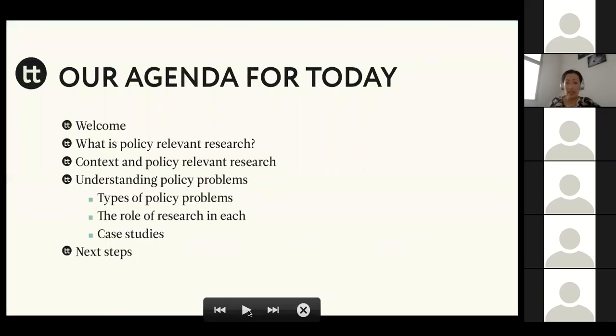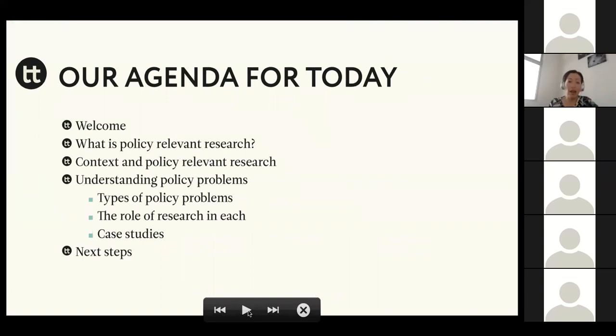So what is the agenda for today? As you remember, last webinar, we looked at the big picture and we were discussing how to have a research agenda, but now we're going to go more deeply and ask, how do we think about the type of research we produce based on the policy problems that we face.